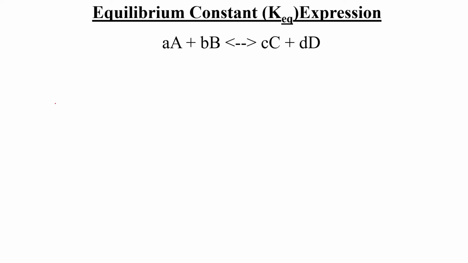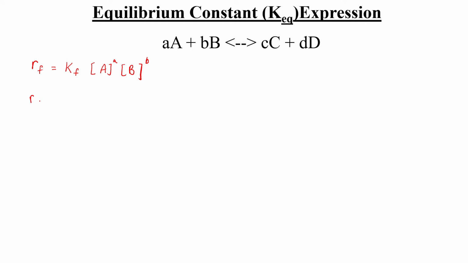We learned in one of the previous slides how to write the equation for the rate of the forward reaction, so let's write it down again. The rate of the forward reaction is equal to the constant for the forward reaction times the molar concentrations of reactants. And remember, the coefficients that balance the equation will be the powers for these molar concentrations.